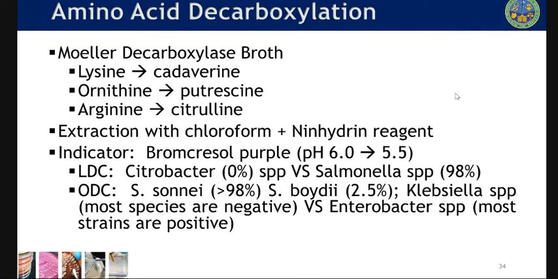For lysine, if this is converted, you will produce cadaverine; for ornithine, you have putrescine; and for arginine, you will have citrulline. The extraction compound would be chloroform with the addition of ninhydrin reagent, and in the presence of bromcresol purple, there would be acidification of the solution, making it positive. Usually from purple, you will have a purple color change or no change in the medium.